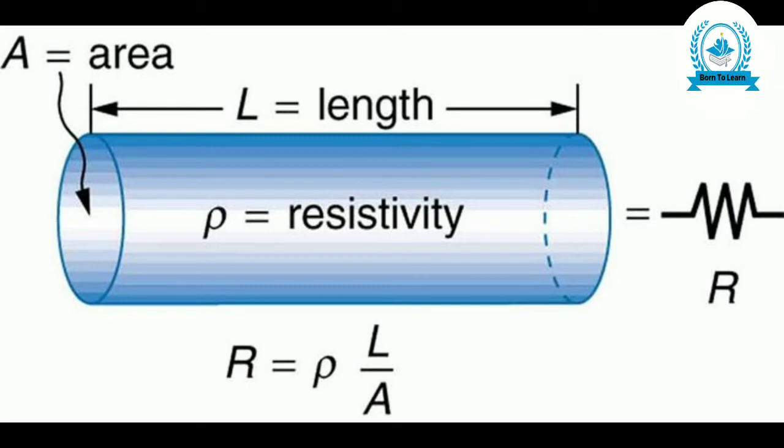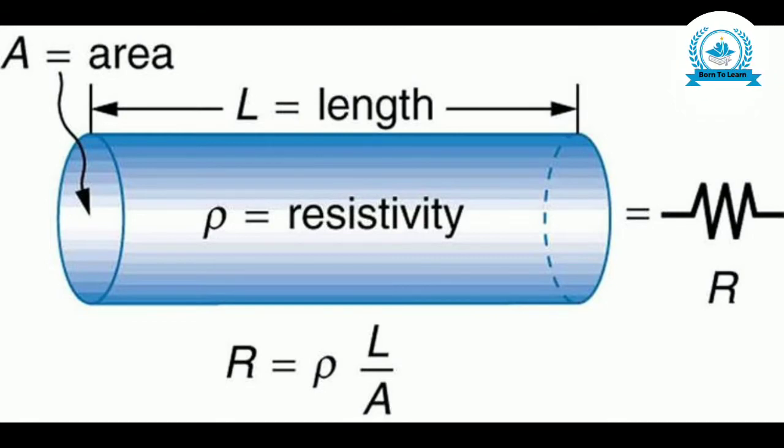The unit of area of cross section A is meter square and the unit of length is meter. So putting these units in the above equation, we get unit of resistivity rho equal to ohm into meter square by meter equal to ohm meter. Thus the SI unit of resistivity is ohm meter, which is written in symbol as ohm-meter.